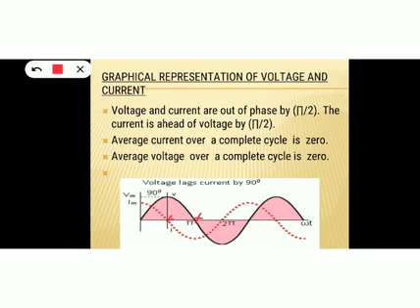Again the current reaches maximum here, but the voltage reaches maximum after that. Now the average current over a complete cycle is 0. Average voltage over a complete cycle is also 0.